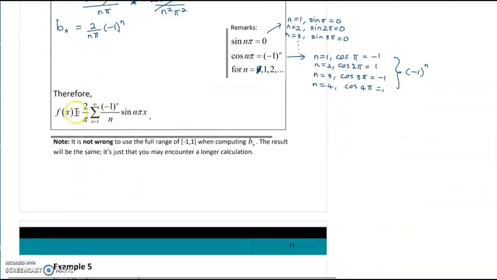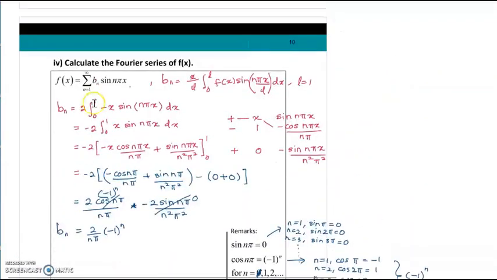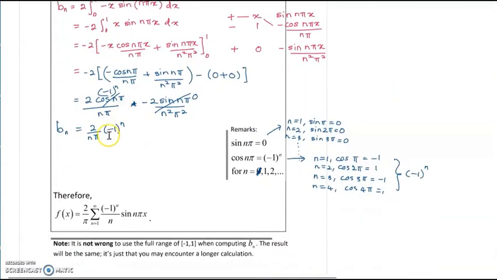So we have here fx equals 2 over pi, because we have 2 over pi n. So basically your fx is the summation, n from 1 up to positive infinity, of bn.